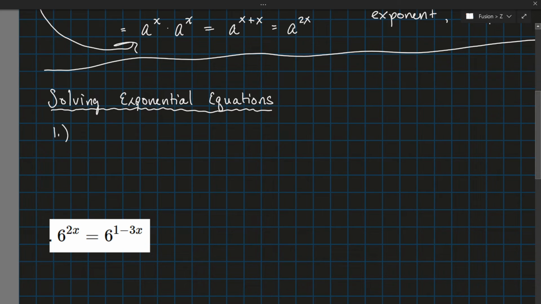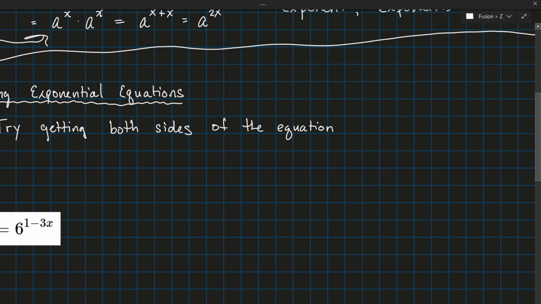So first strategy here is to try to get both sides of the equation to have one base each, with both sides having the same base.